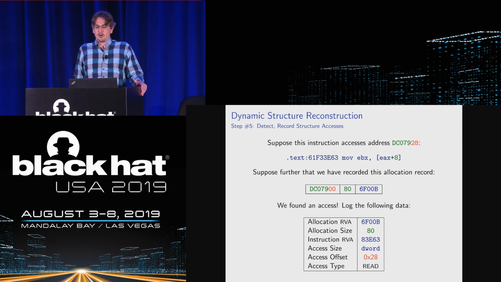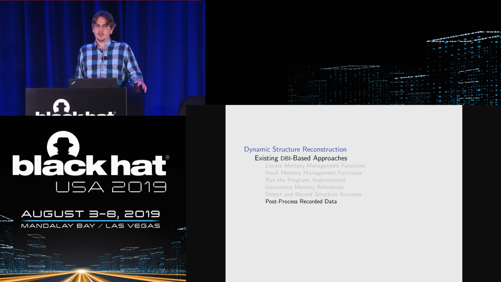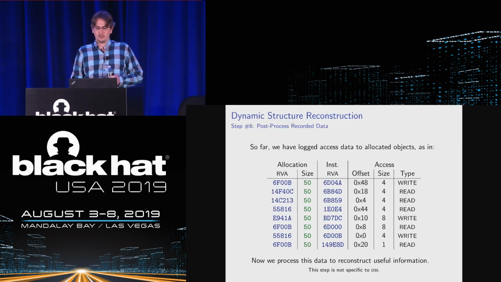So now we just log the details of that access: where the allocation came from, how big the allocation was, where the instruction that accessed it was, how big the access was, where within the structure it was accessing, and whether it was a read or a write. So we just run the program and collect all of this metadata. And afterwards, we have an enormous text file, which we then post-process to recover higher level information.